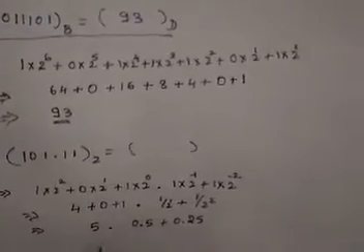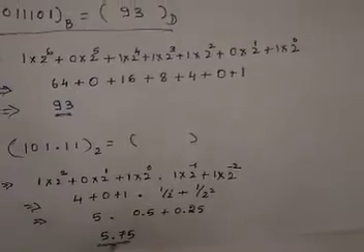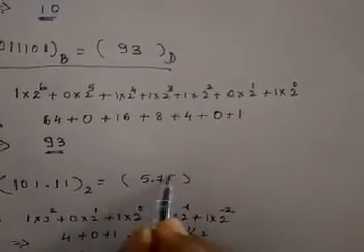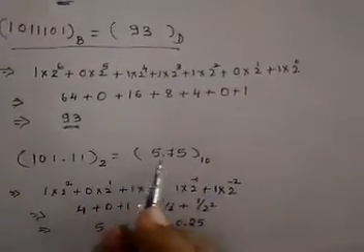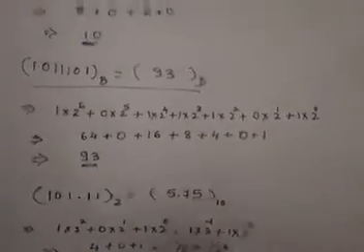After adding all those, I'll get 5.75. This is the equivalent in the decimal number system. This is how you convert from binary to decimal.